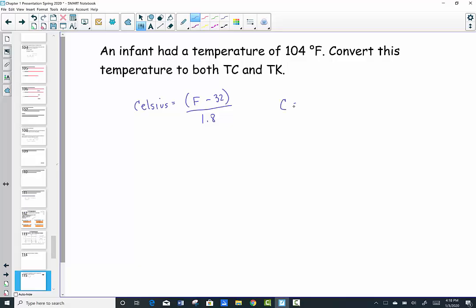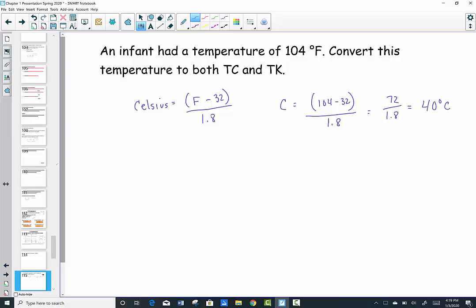So the Celsius temperature can be found by taking 104 minus 32 and dividing by 1.8. Will you hit that with me on your calculator and make sure I come up with the correct answer? 104 minus 32 equals 72. Now I'll divide by the 1.8 and I get 40. So 40 degrees Celsius.